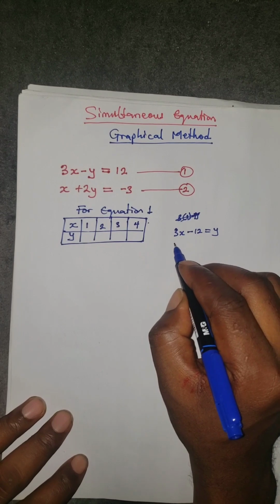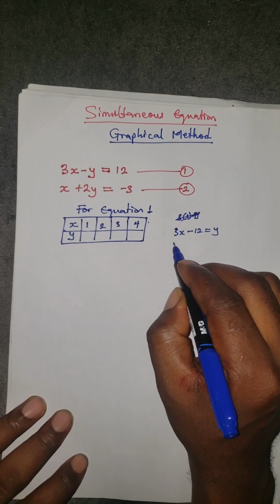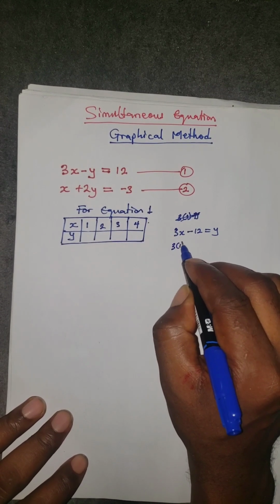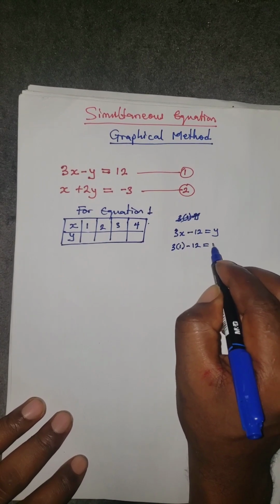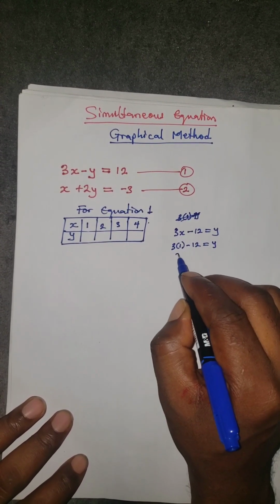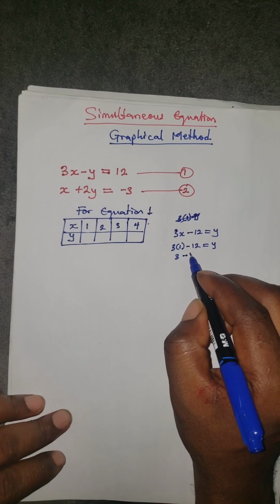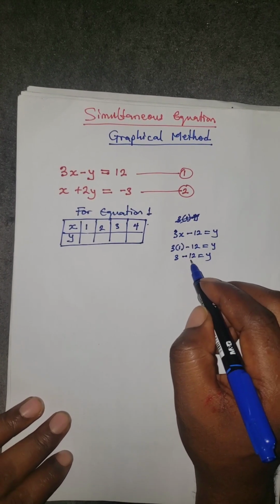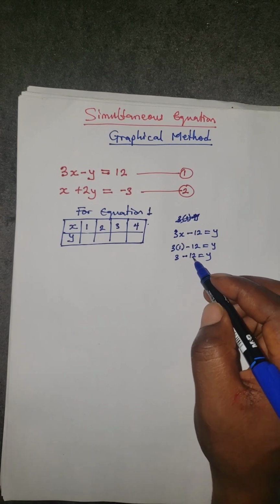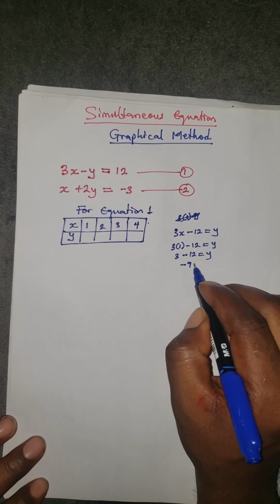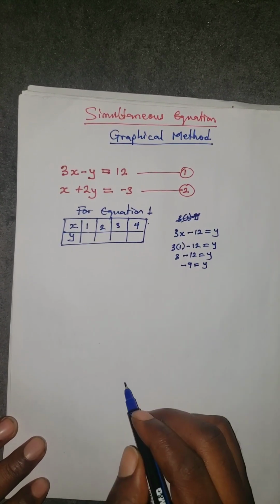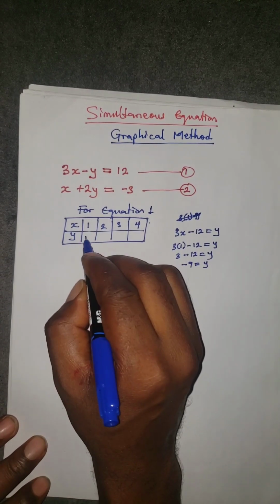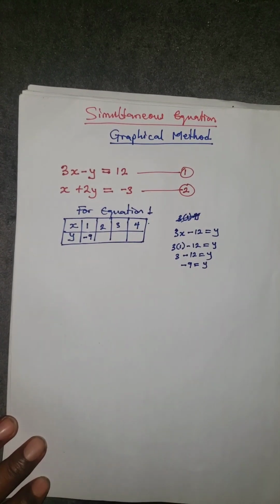With that, when x equals 1, that will give me 3 into 1 minus 12 equals y. That will give me 3 minus 12, which is minus 9. So minus 9 equals y. So the first y there is minus 9.